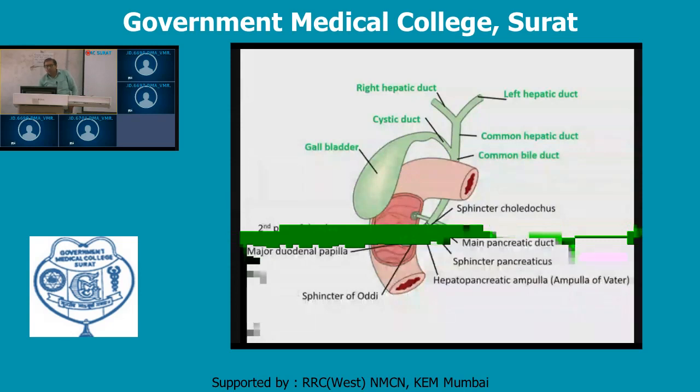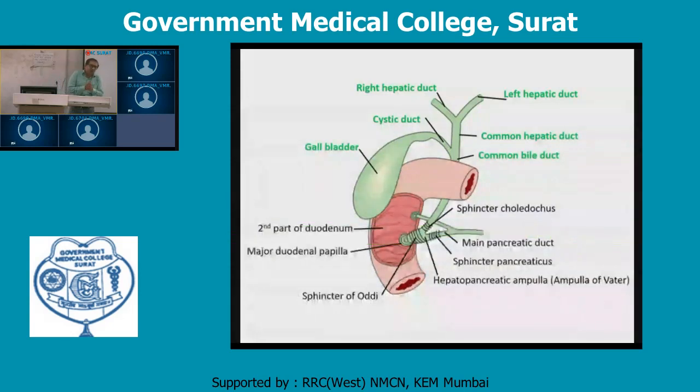So one can see that the opening within the duodenal lumen is single for both the main pancreatic duct as well as the CBD. Even though the entry of these two ducts into the wall of the duodenum from outside is separate, the opening is single. And that opening lies at the major duodenal papilla in the second part of the duodenum.